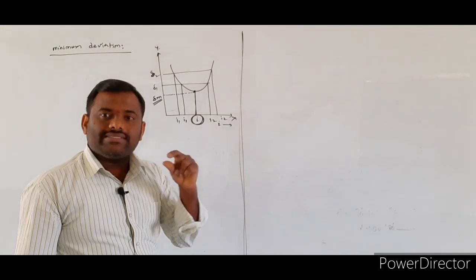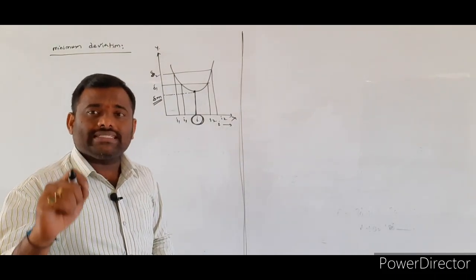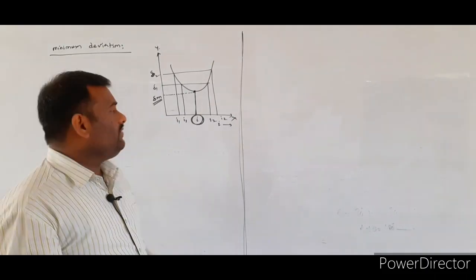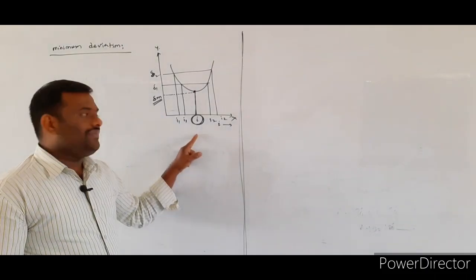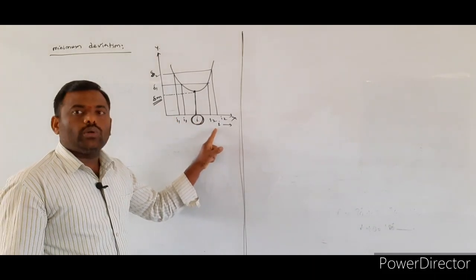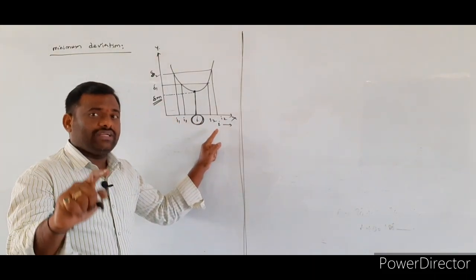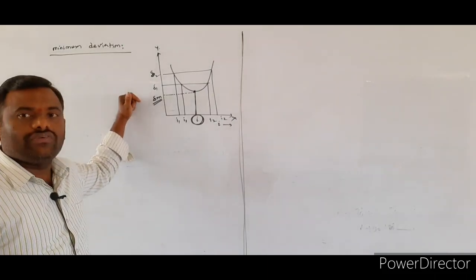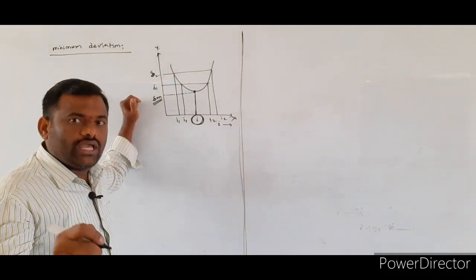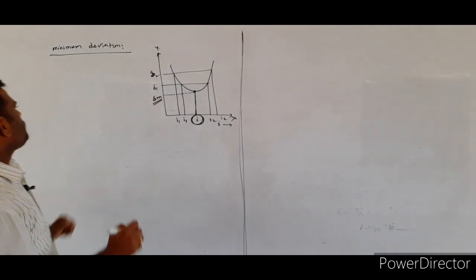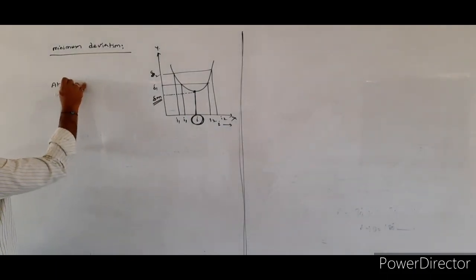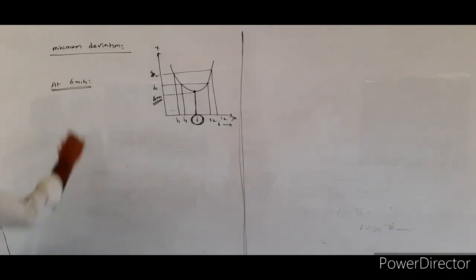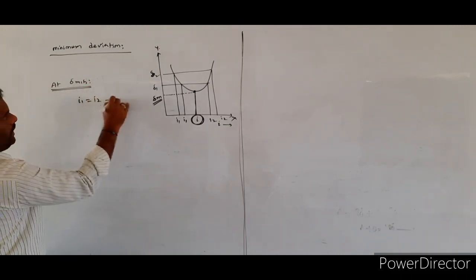So whenever the light ray suffers the minimum deviation in the case of the prism, I1 is equal to I2. Only one angle of incidence value exists, so at the minimum deviation, the angle of incidence is equal to the angle of emergence. That is, at the minimum angle of deviation, I1 is equal to I2.